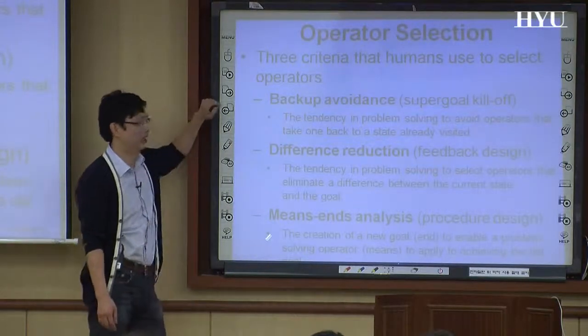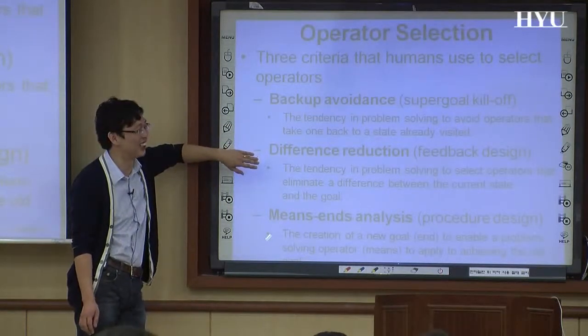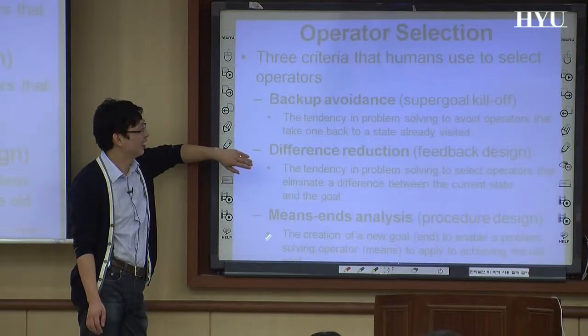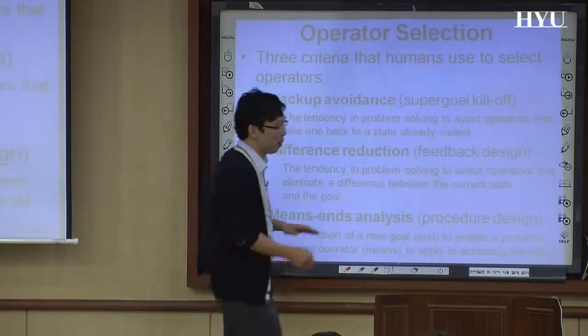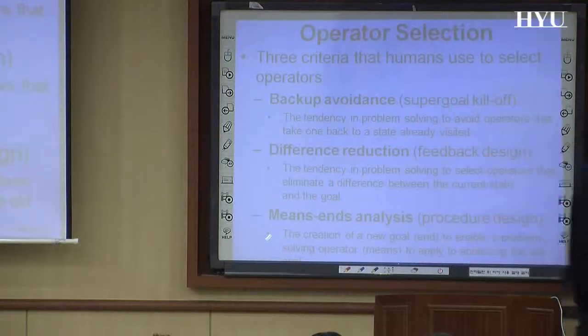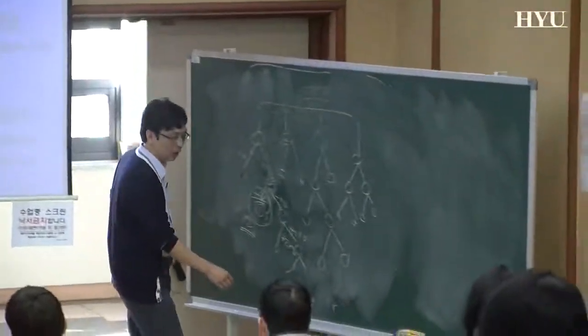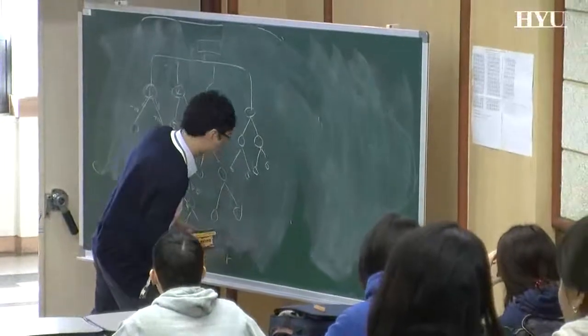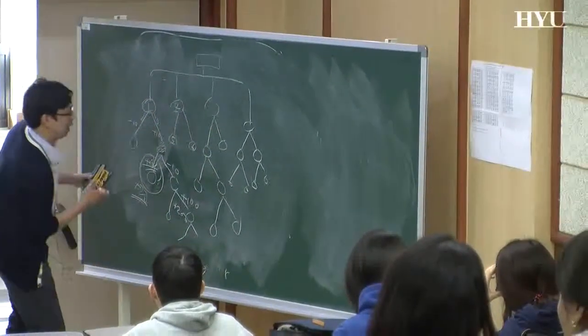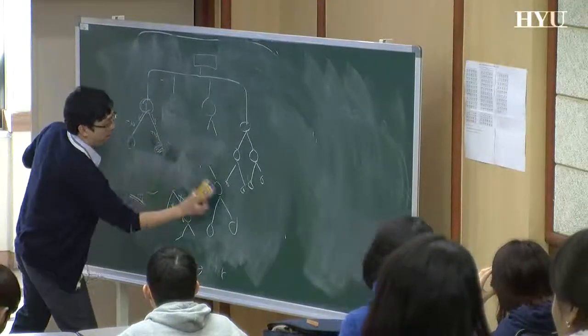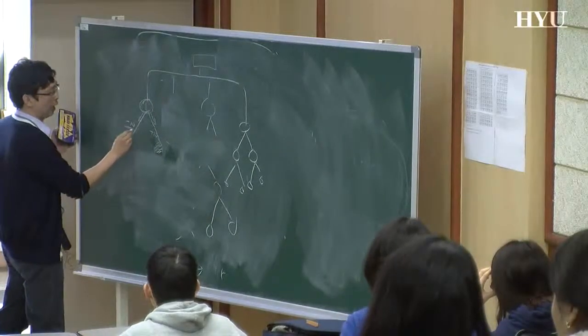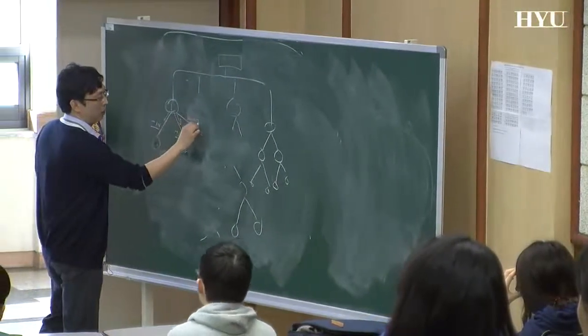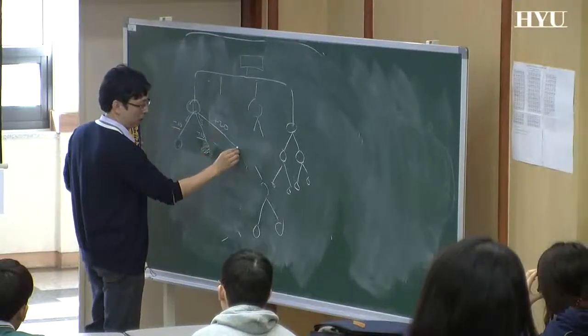And then difference reduction. Difference reduction means people find the answers based on the state difference, and they try to find the bigger difference, closer to the goal. The idea is this one: that is plus 10, that is plus 20.